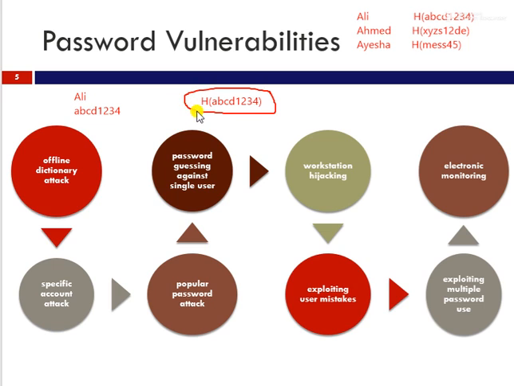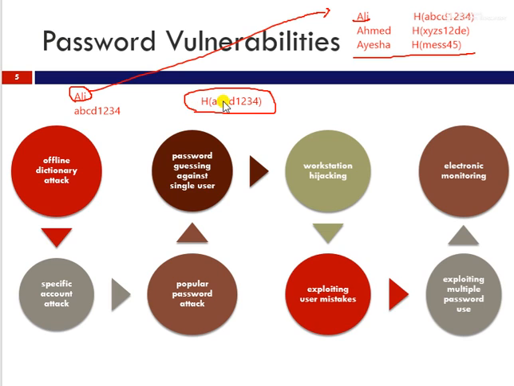Okay, so now the system will go to the password file that we already have. The system will take this Ali, go to the password file and match the user ID with Ali's user ID wherever it matches. So here it matches with Ali.